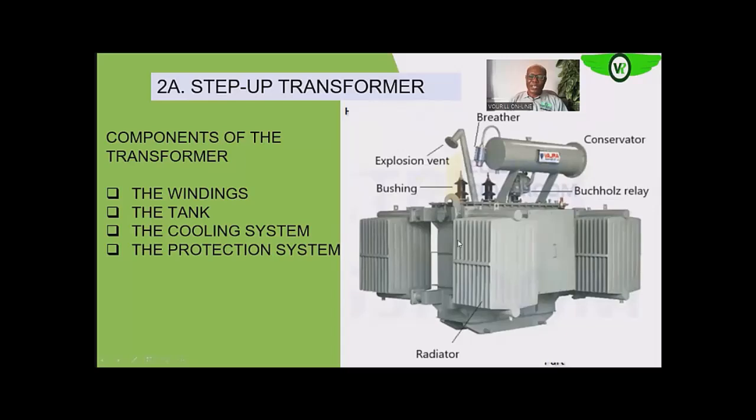So here are some of the components of the transformer that help us to protect the transformer. So we know we have oil within the transformer, and because of the thermal expansivity of oil, as it is being heated, it has that tendency of expanding. So once your transformer tank is filled with oil, as it is working, heat is generated.